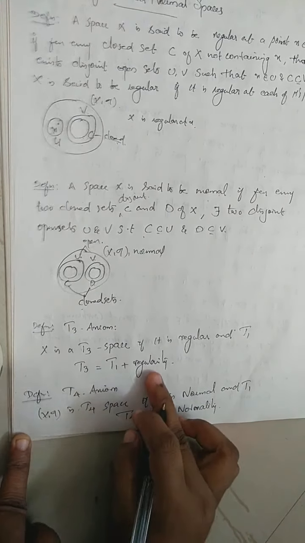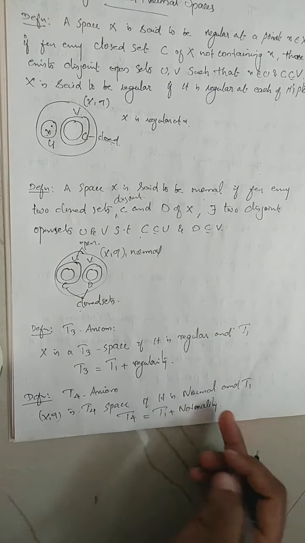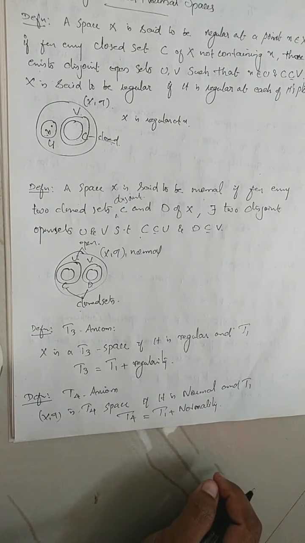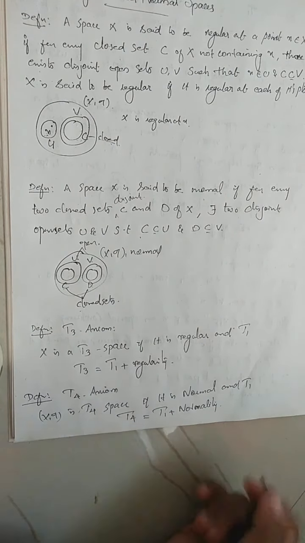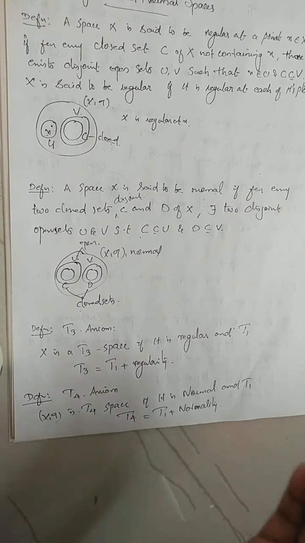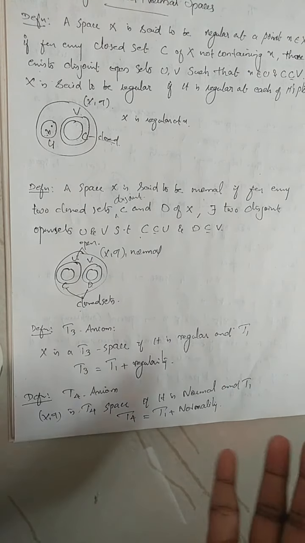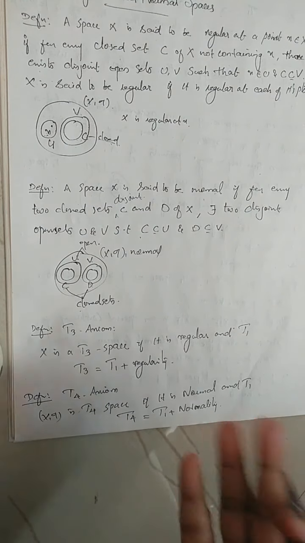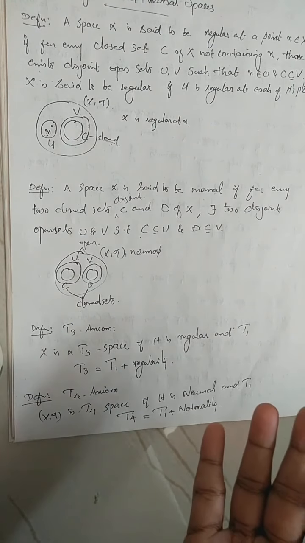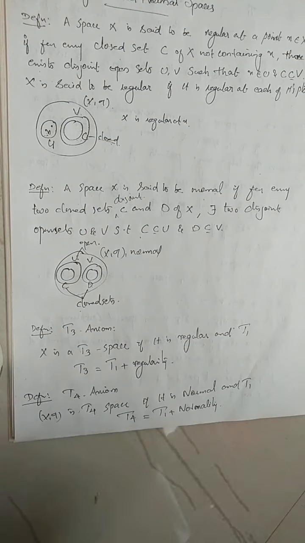So T1 plus regular implies T3, T1 plus normal implies T4. So T3 and T4 axioms are similarly defined. Okay. So we have defined so far five separation axioms: T0, T1, T2, T3, T4.